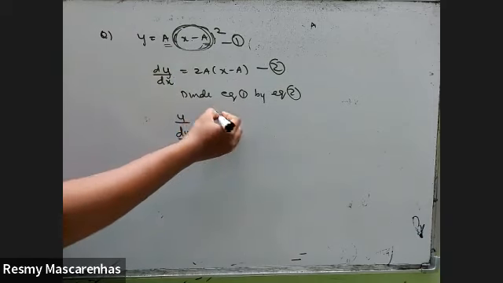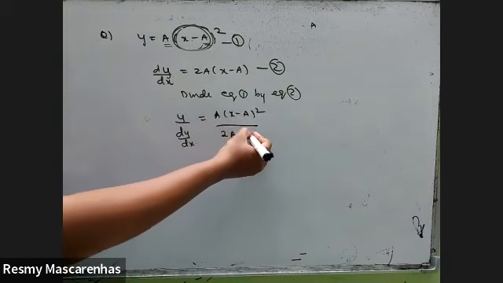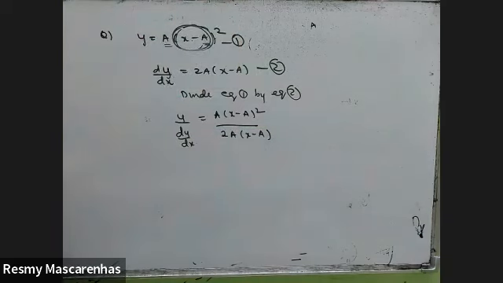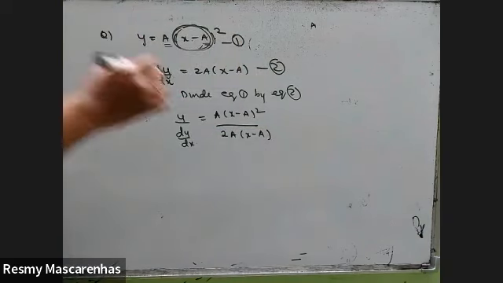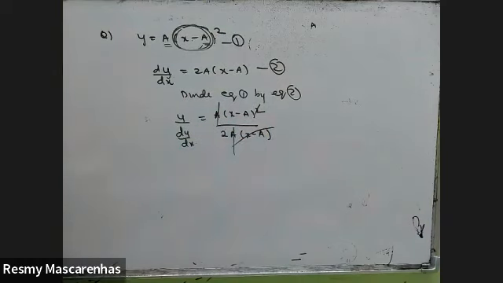This is a into x minus a the whole square. So here one advantage is that a and a will cancel, and this one will cancel with this.